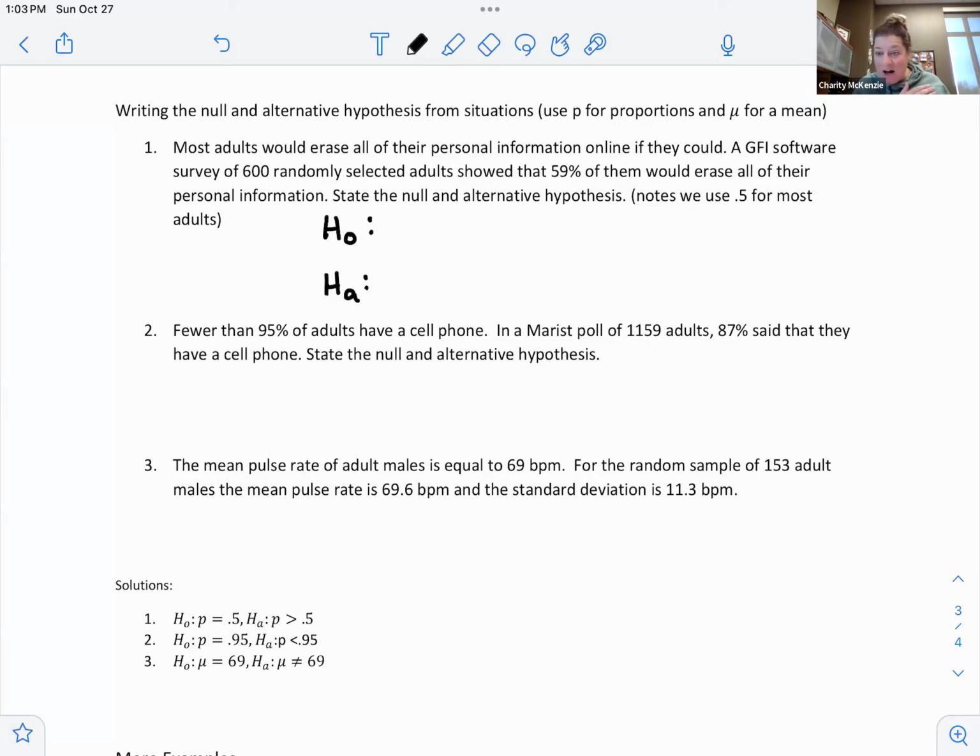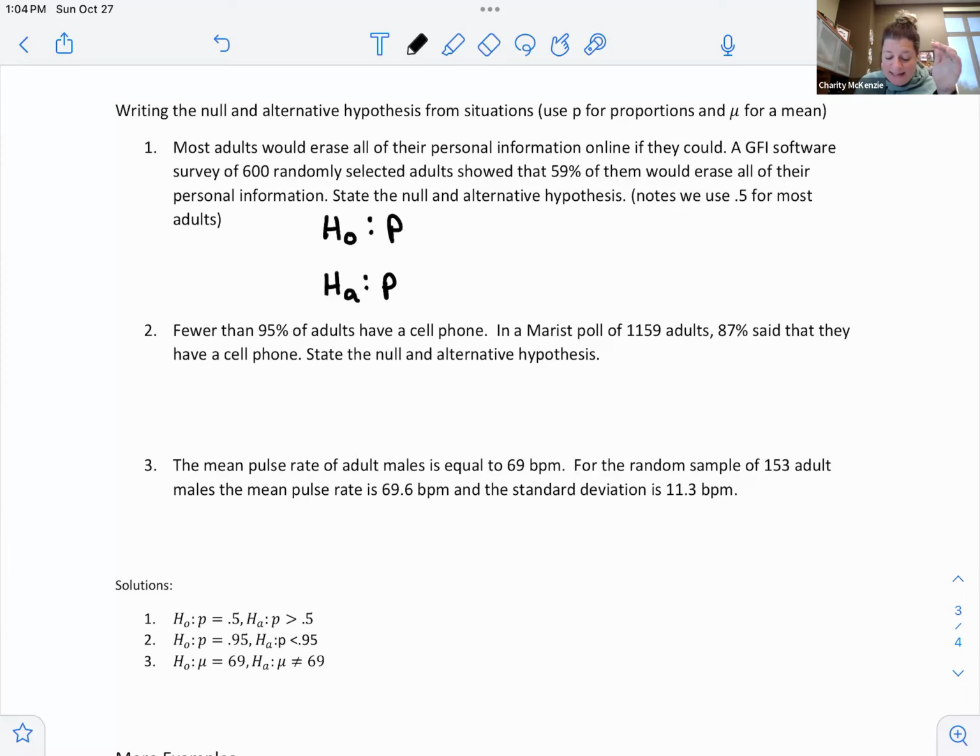So 59% of 600 is literally the information we're given. That means we are doing a proportion, a certain percent, so it's straightforward. Like I'd have to figure out 59% of 600. It says a survey showed that 59% of them would erase all their personal information.